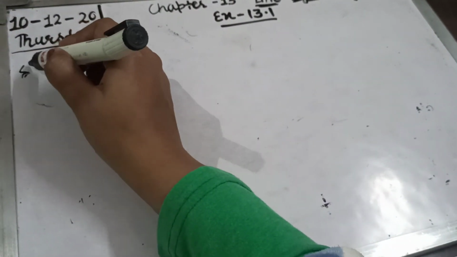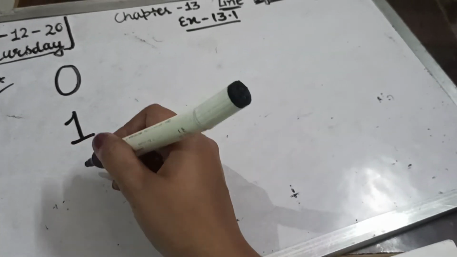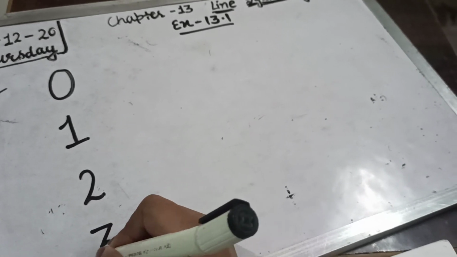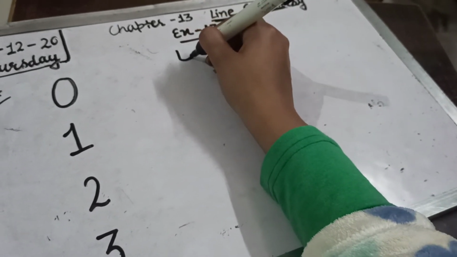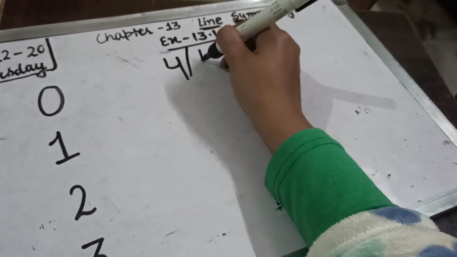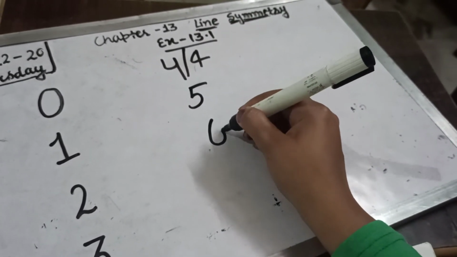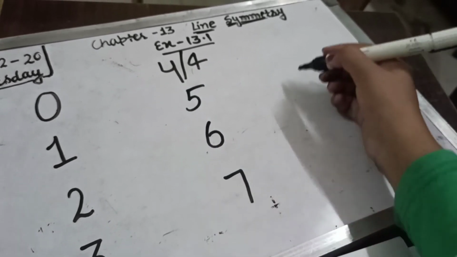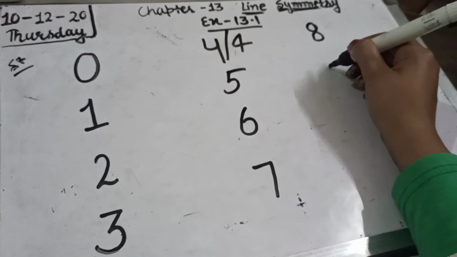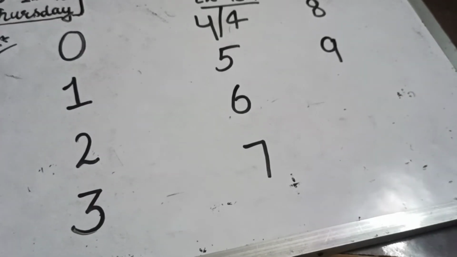This question number is S7. 1, 2, 3, 4, or you can write 4 like this. 5, 6, 7, 8 and 9. It is given from 0 to 9.